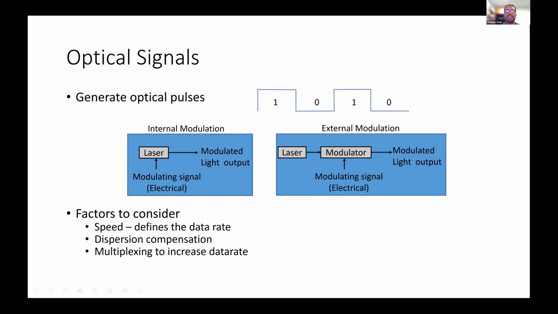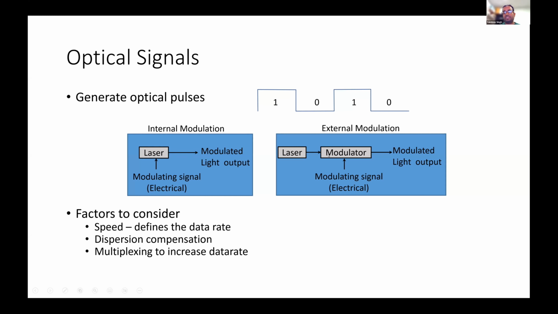This can be done in two ways. One is called internal modulation and another is called external modulation. And both these techniques use on-off modulation. Here, an electrical signal, which is a modulating signal, carries the messages. This drives a laser on and off based on the ones and zeros, so it modulates the light output.